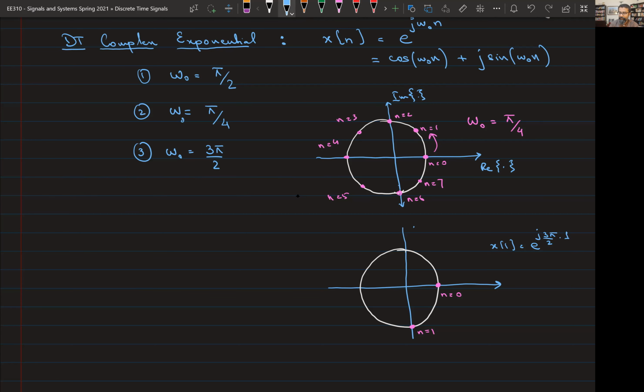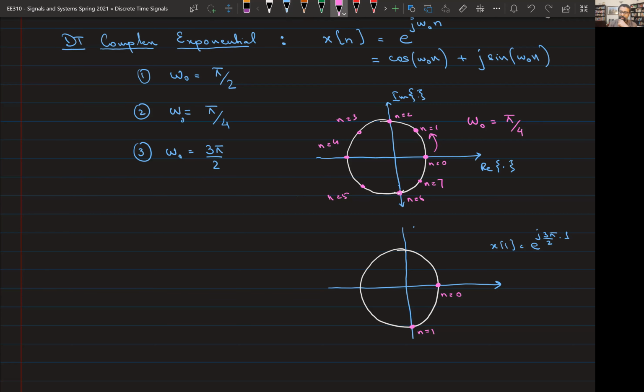So 3 pi by 2, what angle is that? Roshan, how much is 3 pi by 2? Is it like 270? Yes, it's 270 degrees, which is minus 90. Oh, okay, got it. Okay, thank you, sir. So this is where n equals 1.